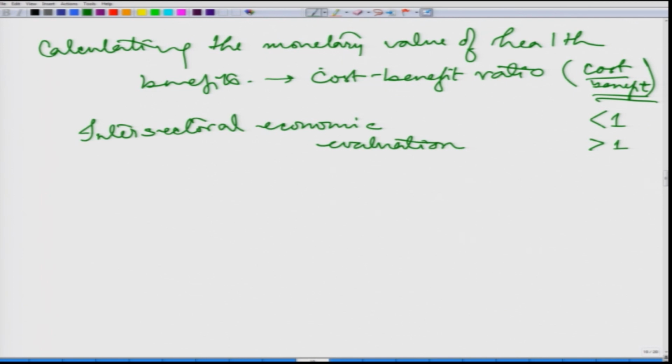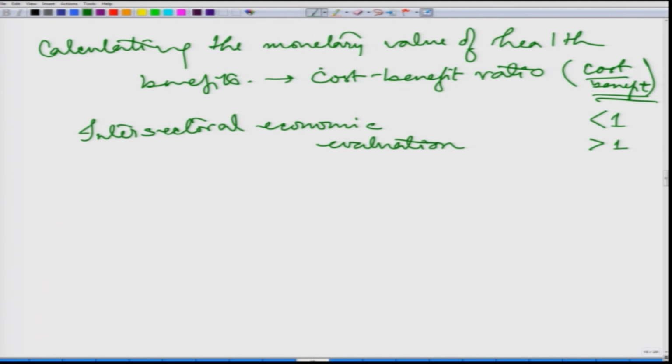And in this cost benefit analysis, as we said, you have to be very particular about whether you are taking all these costs, direct cost, indirect cost. Similarly, in the benefit, you take not only the health benefit or the monetary values of health benefit, because when I ask a person about their willingness to pay, they also need to have a psychological benefit.